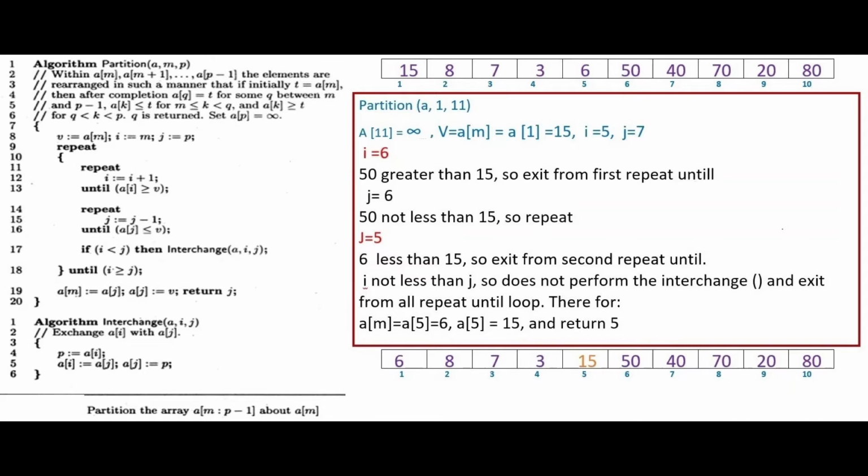Here I is greater than j. Therefore, interchange the key value and the selected smallest element from the right side. That is, interchange 6 and key value 15.